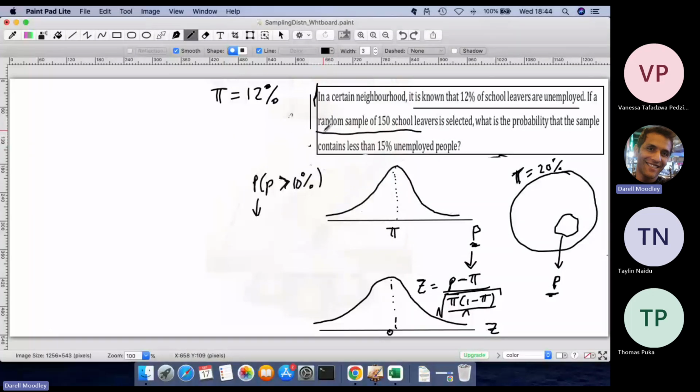The question says, if a random sample of 150 school leavers is selected, tell me what symbol is used to represent the 150. So we have a sample of 150. What is the probability that the sample contains less than 15%?